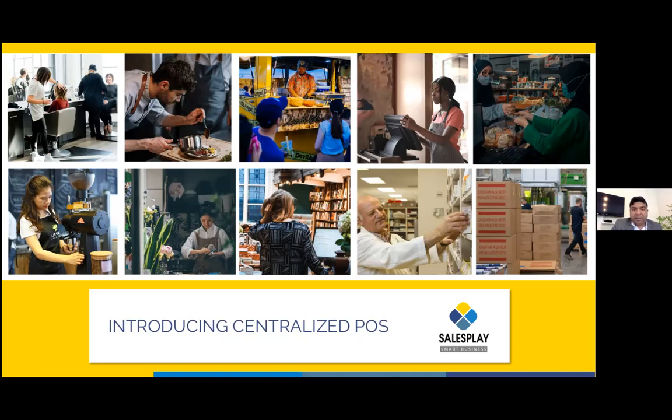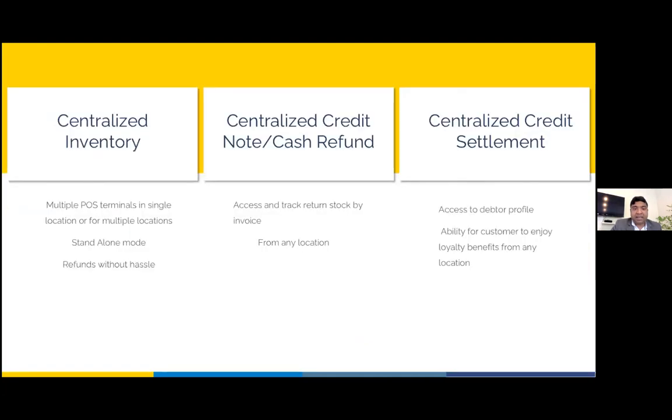So the app itself is fairly old and you've been users of the app. We are delighted to introduce our latest version of the mobile app, which is the centralized POS modification.